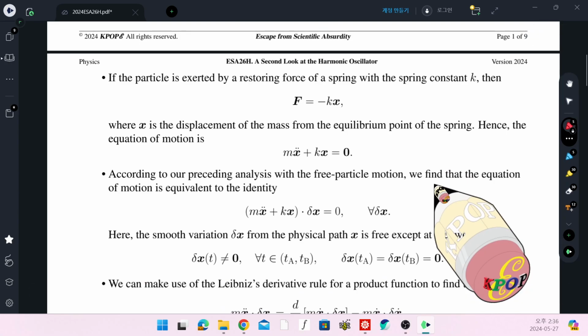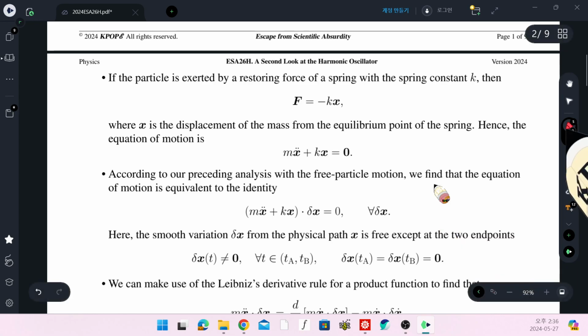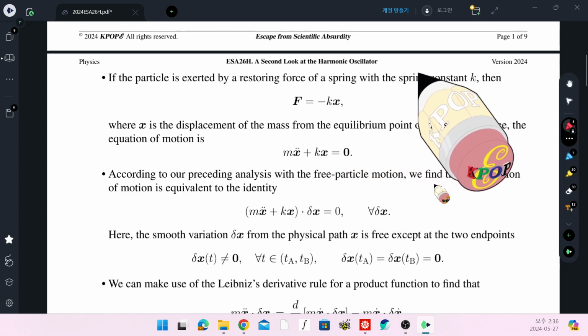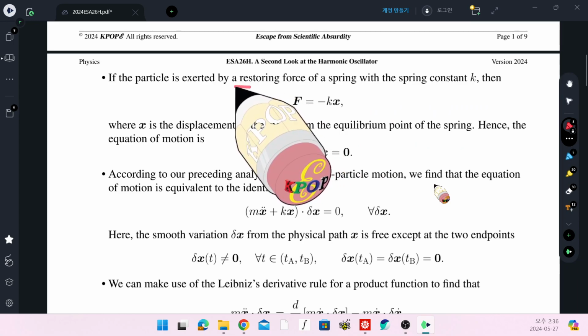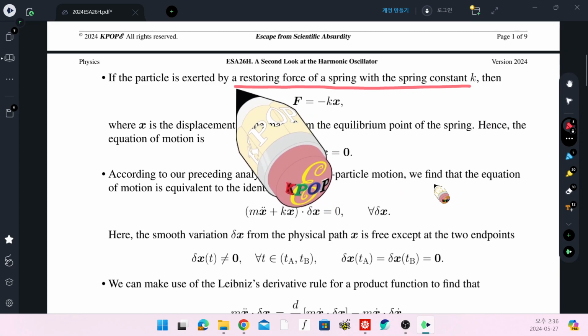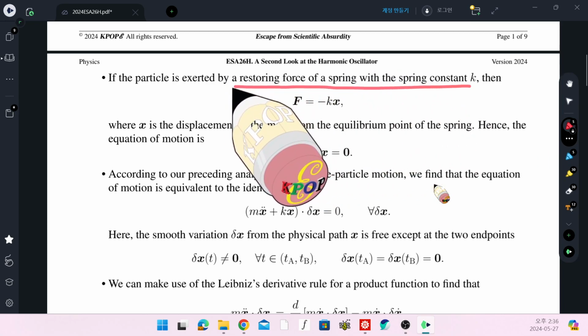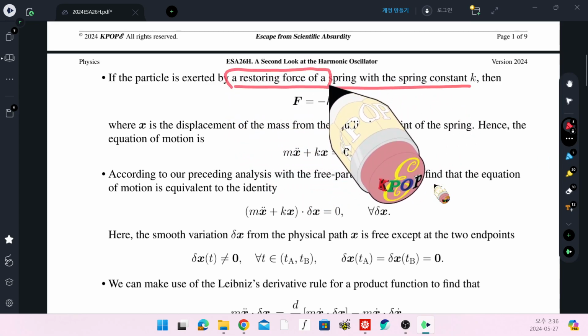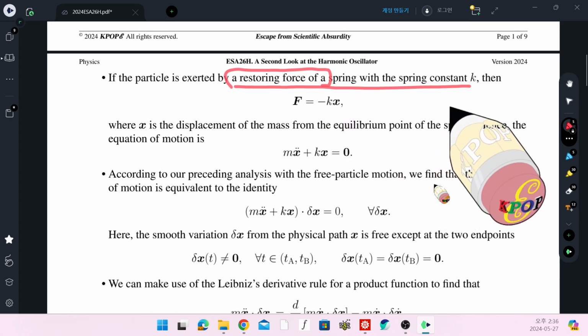To simplify our analysis, we restrict ourselves to the simplest case whose solution is exactly known already. So we consider a simple harmonic oscillator, where the net force is the restoring force of a spring.